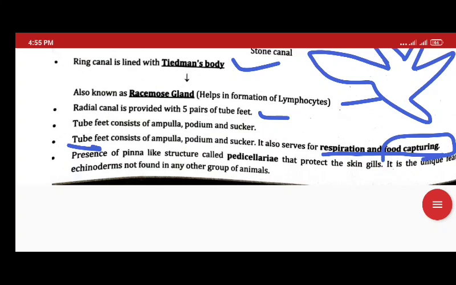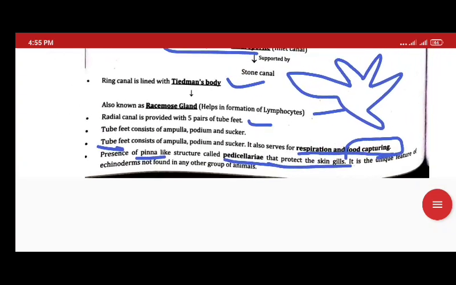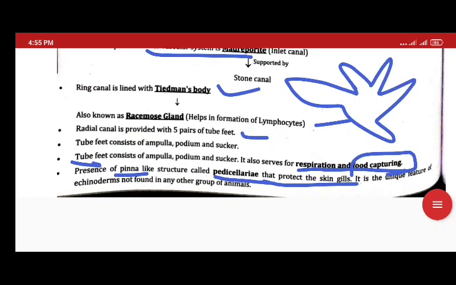Now pedicellariae are present. For the protection of the skin gills from water, they use pedicellariae. So skin gills can be protected by the pedicellariae. This is a unique feature also.